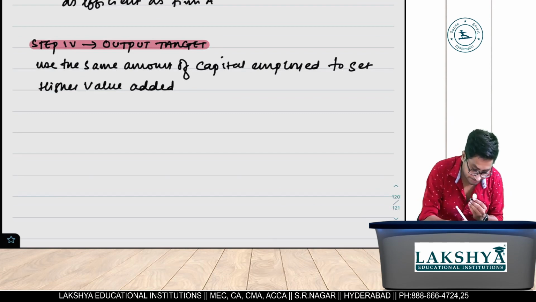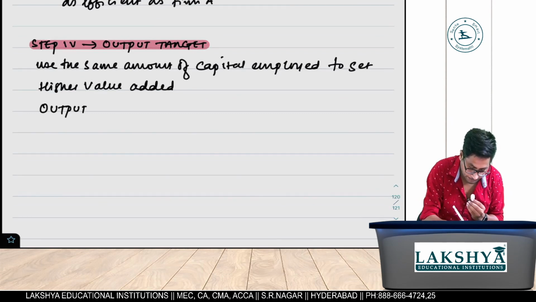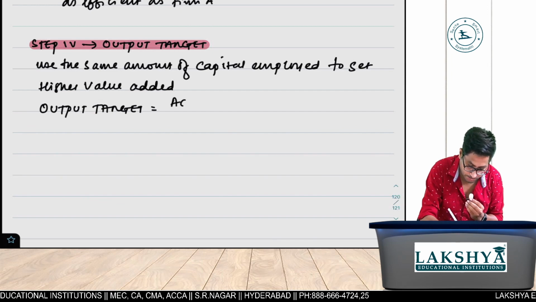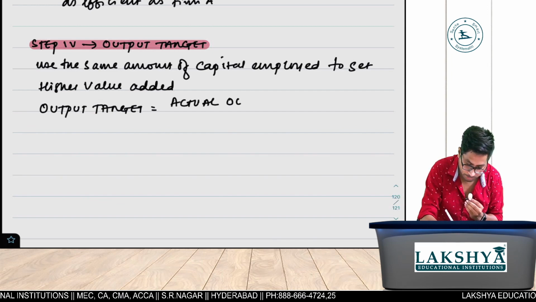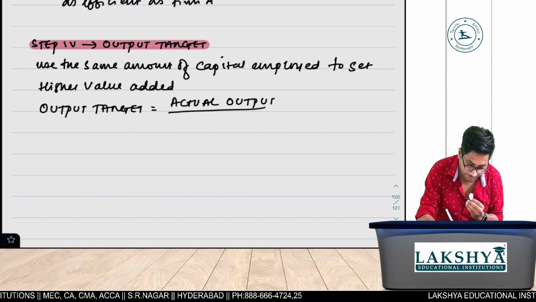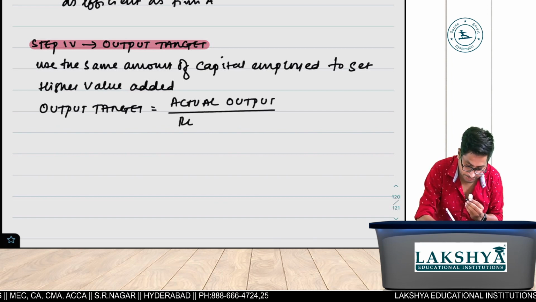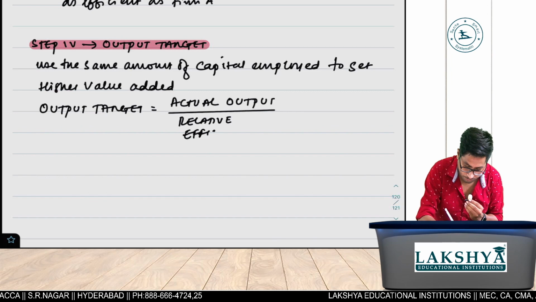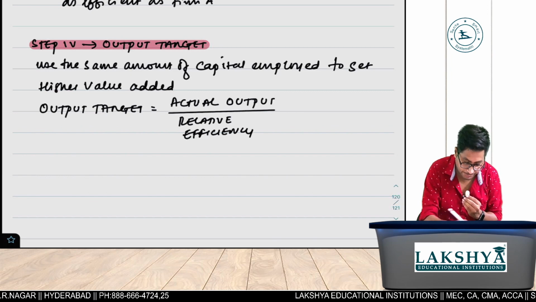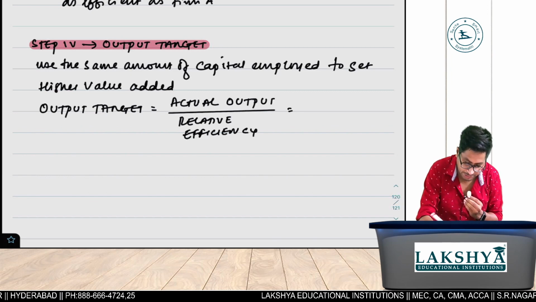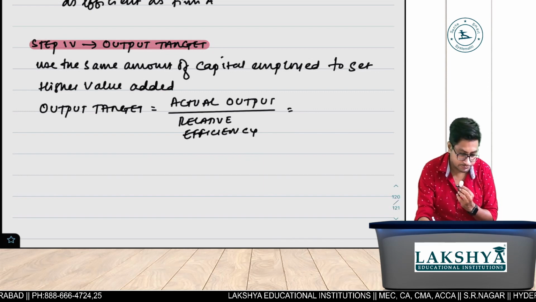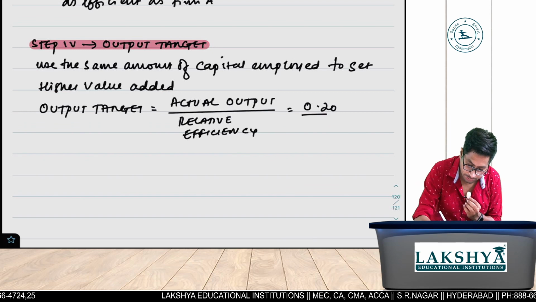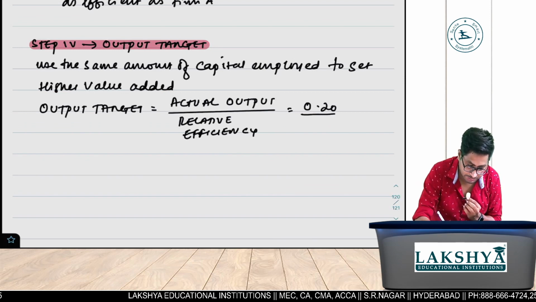Now, how to calculate output target? Output target is equal to actual output divided by relative efficiency. What is the actual output? 0.20. What is the relative efficiency?